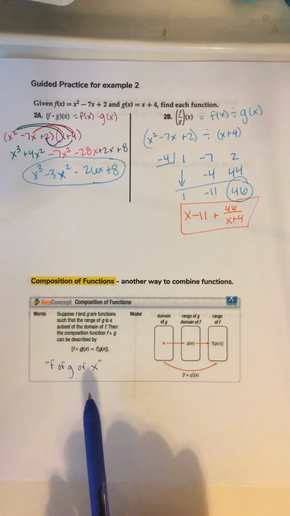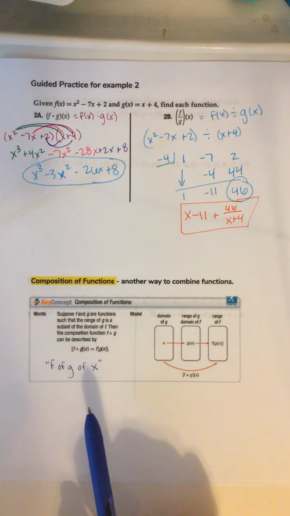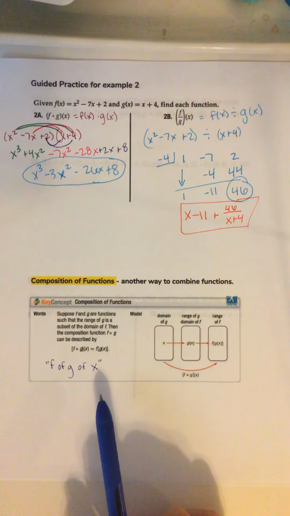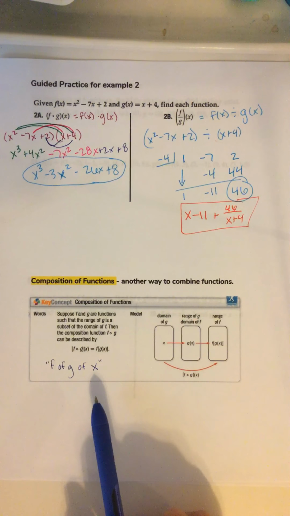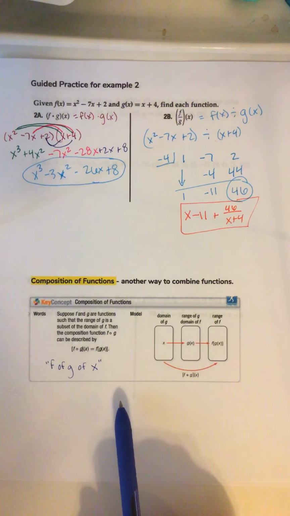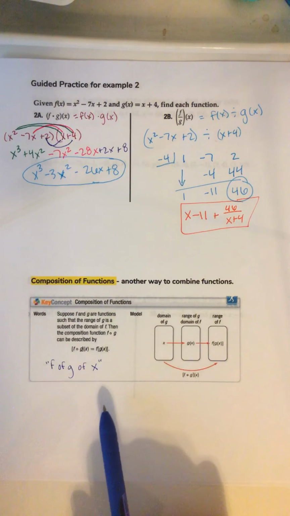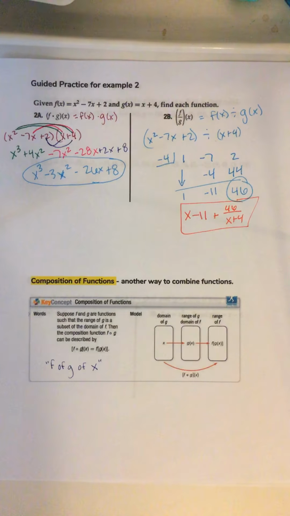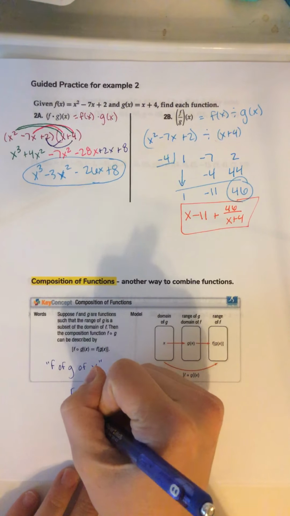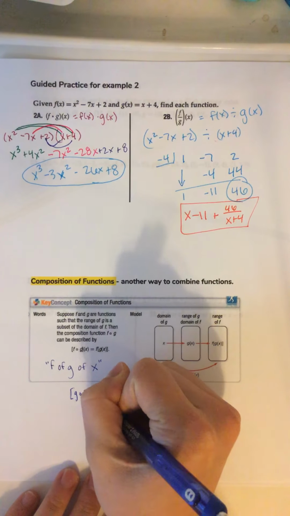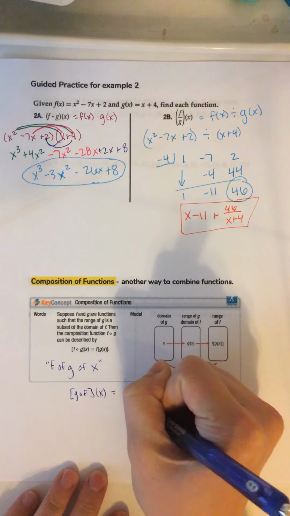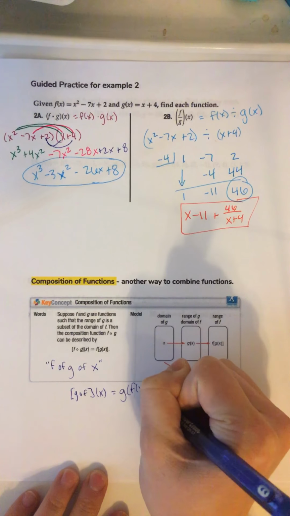It's almost like we're evaluating the function f of x with g of x. Like we're treating g of x like it's a number, and we're going to plug it into f of x, or vice versa, because we can also find g of f of x.